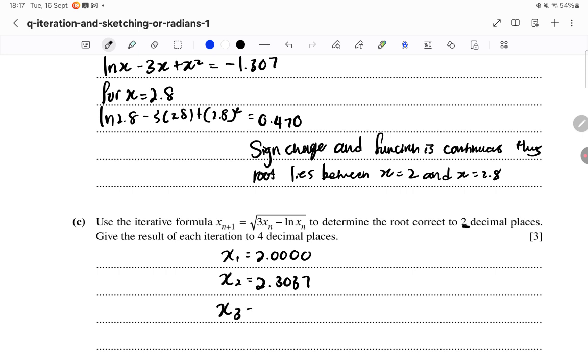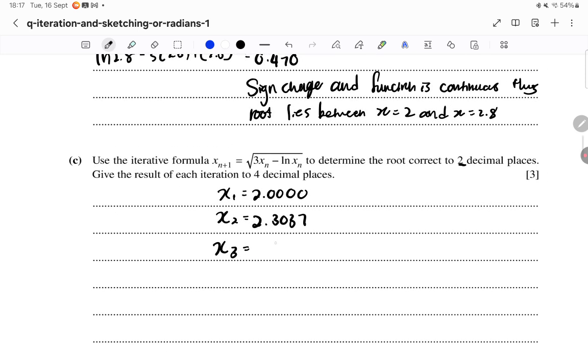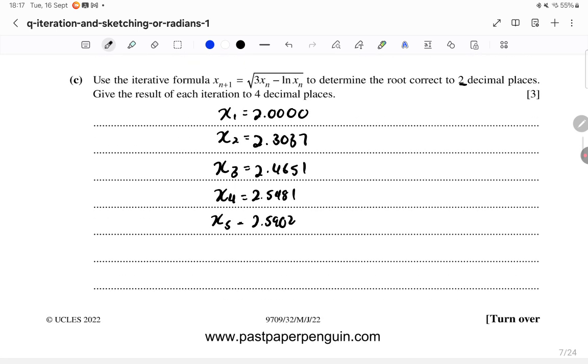And my third iteration, I'm getting 2.4651. Fourth iteration, 2.5481. Fifth iteration, 2.5902.